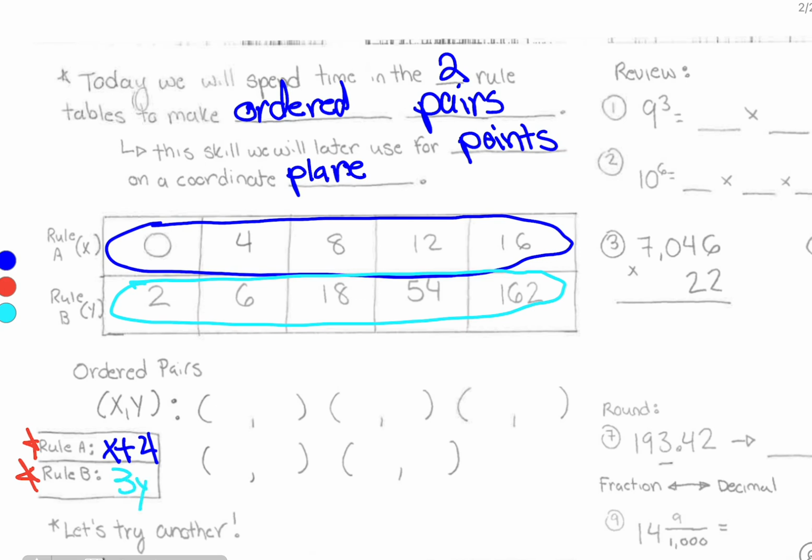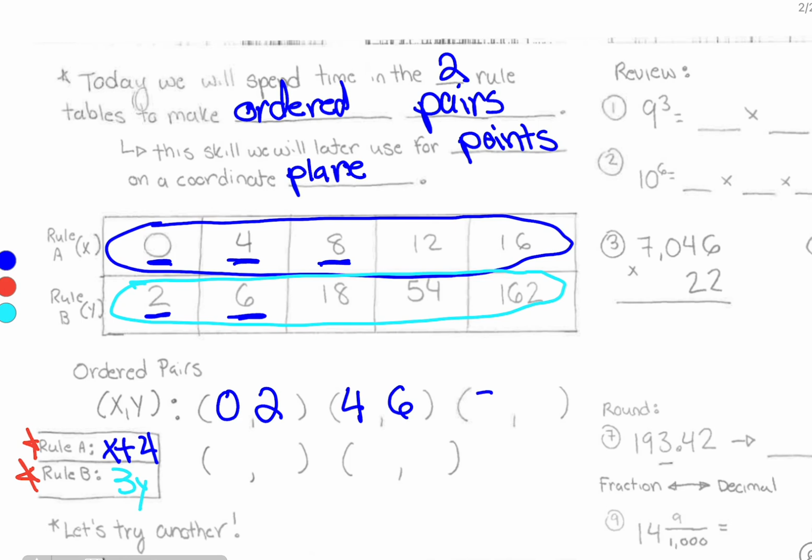So nothing has been new up until this point, except now we have ordered pairs. We figured out our x numbers and our y numbers, and we're going to put those together. The first ordered pair is 0 for my x and 2 for my y. My next ordered pair is 4 for my x and 6 for my y.